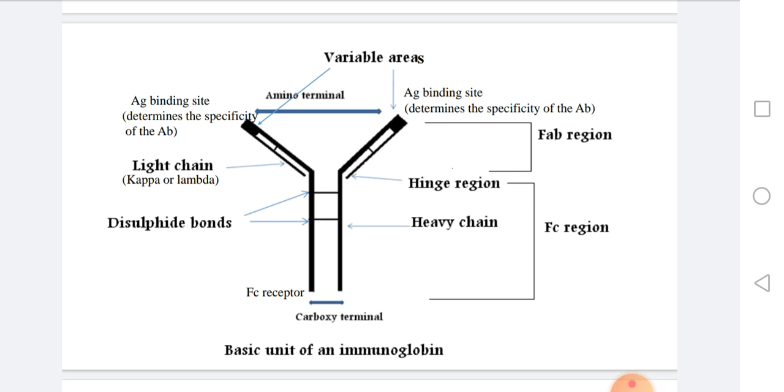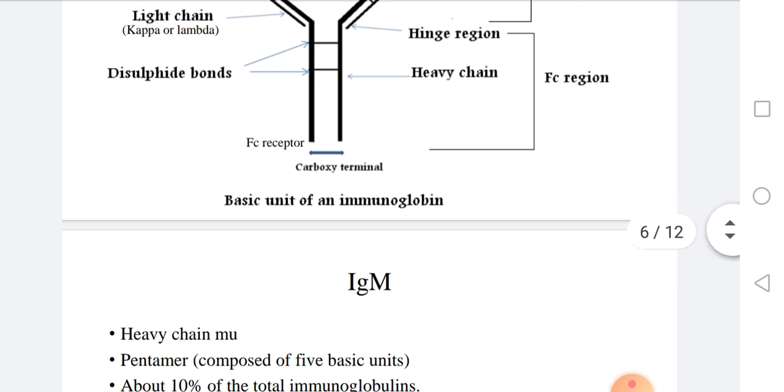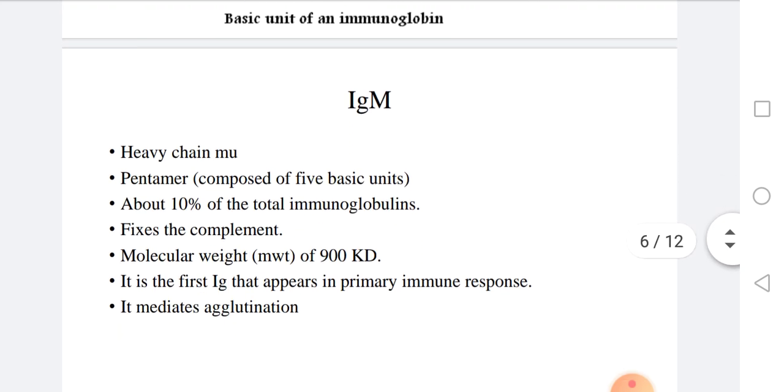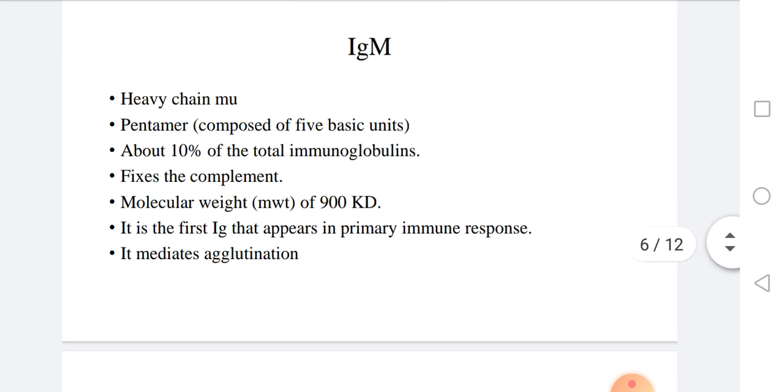Lower down here, you see the carboxyl terminal. There is a receptor. This is a non-specific receptor. According to the type of the heavy chain, we can find the classes of the immunoglobulins.